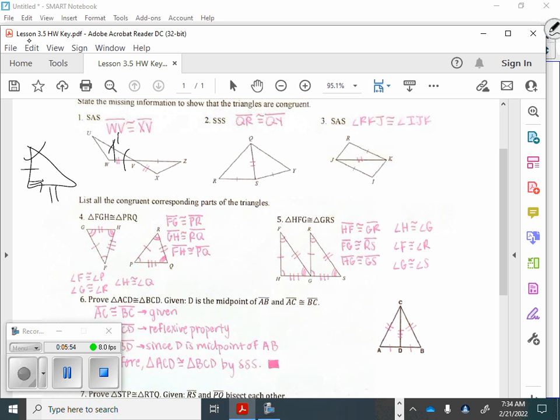The angle can't be here, because then my other side is down here. It's got to be side, angle, side. So I can't have side, angle, and then the side down here. It's got to be in between. I really don't know another way to say it.